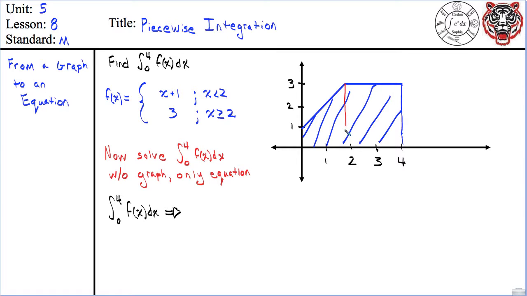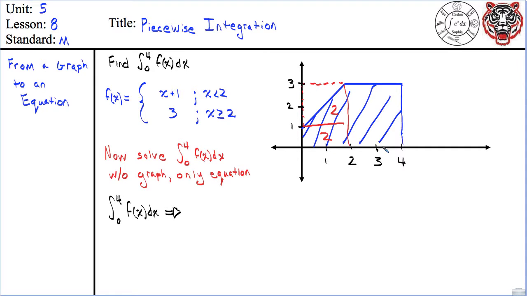Now let's break this up to make it a little bit easier. It should have been at 2, so I'm going to fudge this a little bit and do a slightly diagonal line, and we'll divide this up like this. We can say that this is going to be a little rectangle here. So what are our areas? This is a 2 by 1, so it's an area of 2. This is going to be a 2 by 2. That's 4, half of 4 is 2.